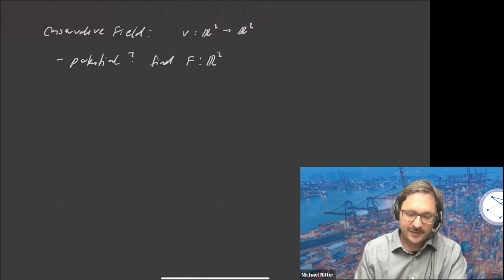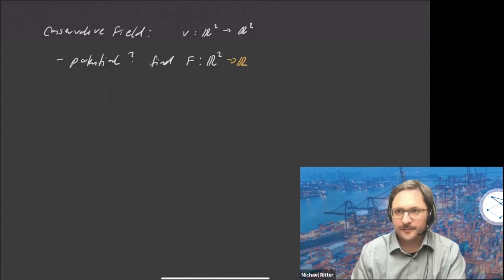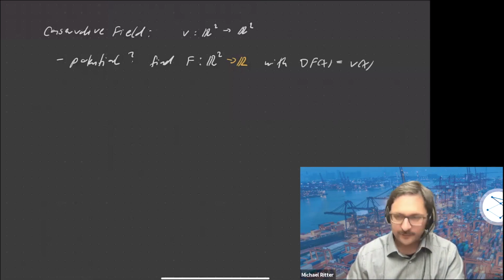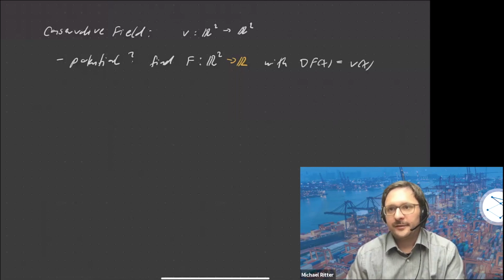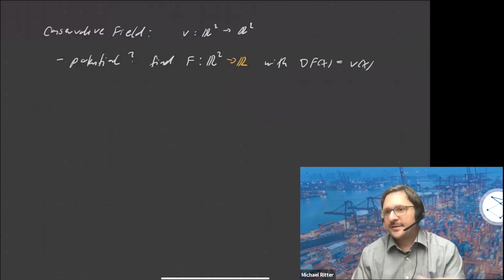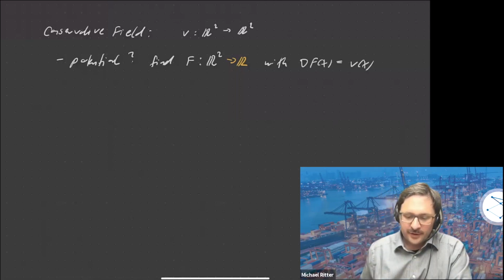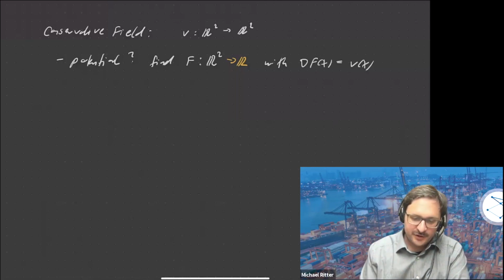And it always maps to the real numbers, such that the gradient of F is equal to the vector field for all points X. And you would usually do this by trying successive integration. I mean, this condition here, nabla of F equals V of X, gives you conditions on the partial derivatives of capital F.